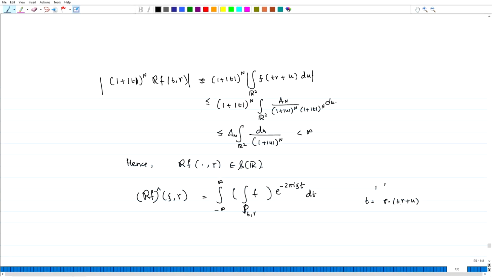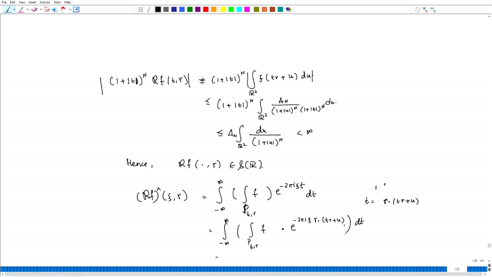Therefore gamma dot gamma is 1, as this is the unit vector, and gamma dot u is 0, so this just gives me t. So now I can represent this as the integral of f over the plane, and in place of t I write gamma dot (t gamma plus u), inside the exponent, and then dt.